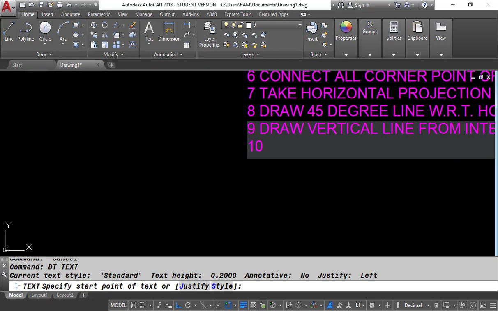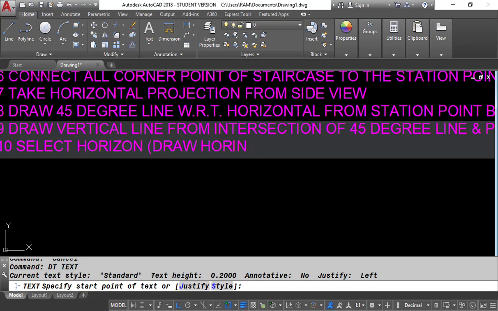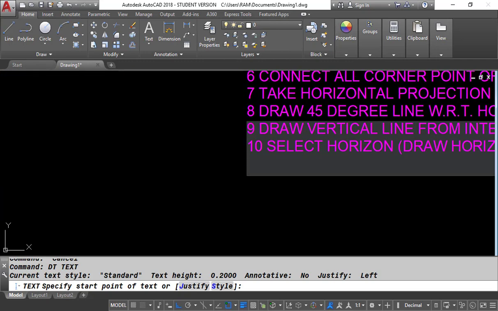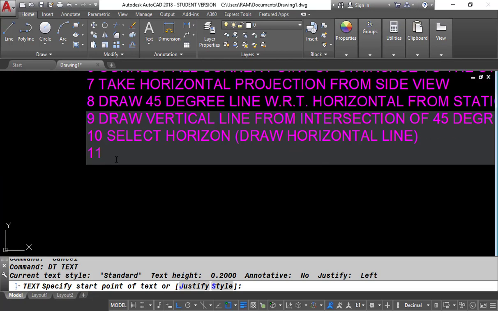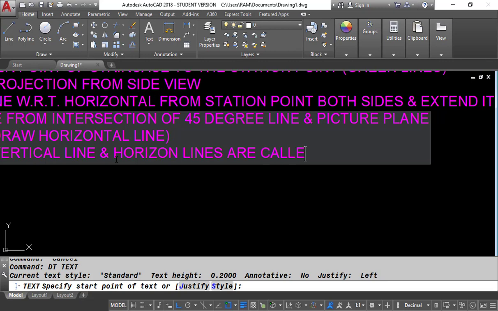Next step is select the horizon. So draw a horizontal line. Next step is what? Select the intersection of the vertical line and the horizon line, which is called the vanishing point.